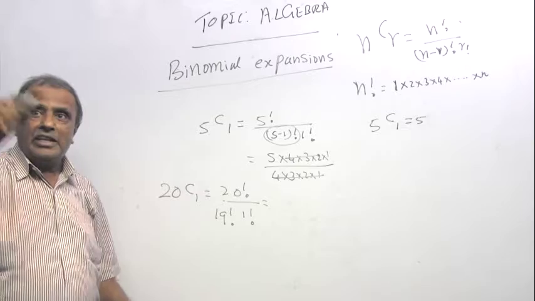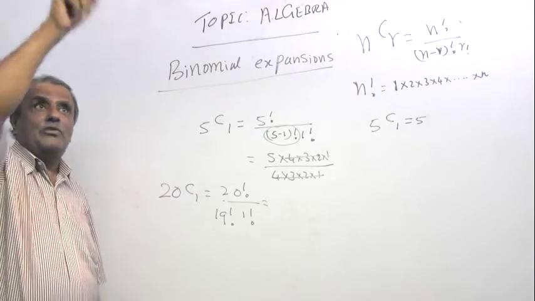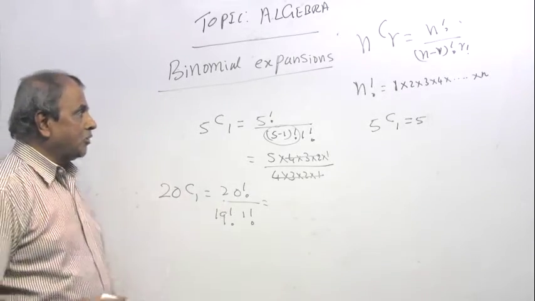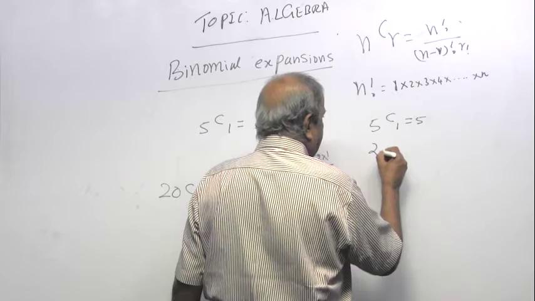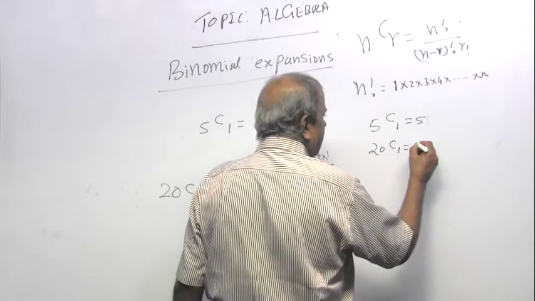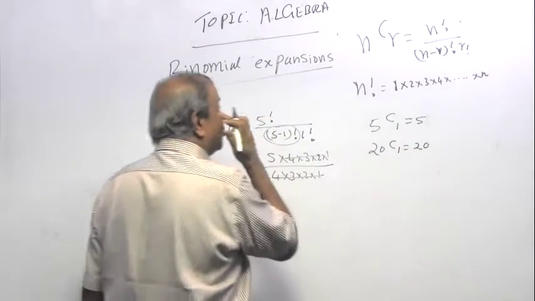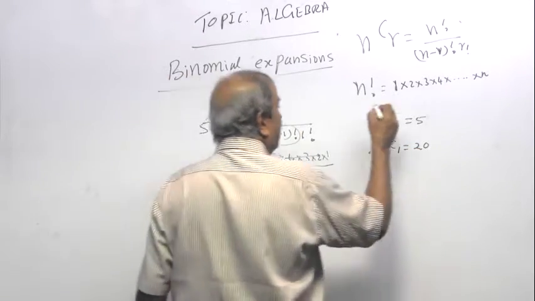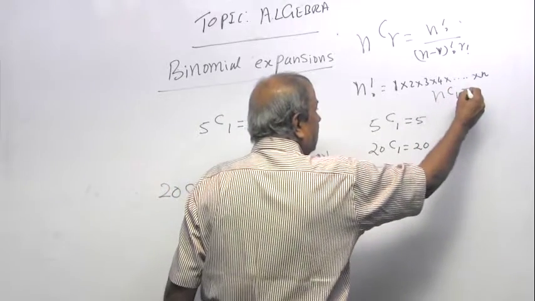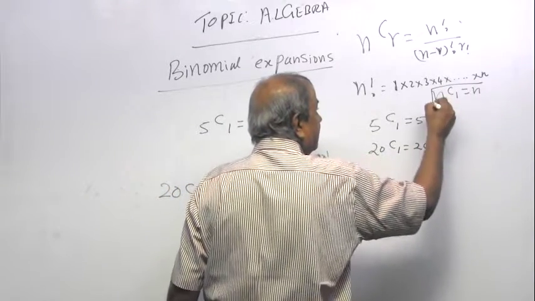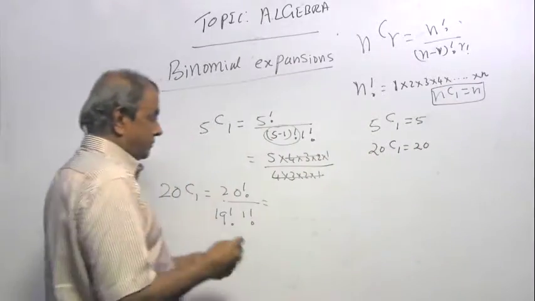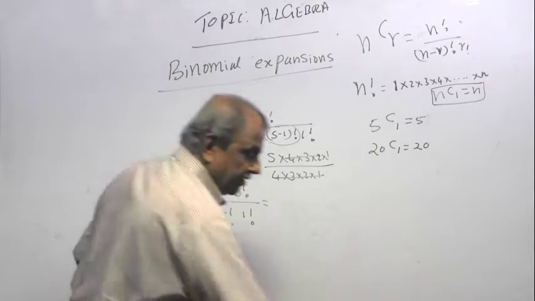So when you cancel it all, 1, 1 cancel, 2, 2, 3, 3, 4, 4, 5, 5, you're left with the number 20. So 20C1 is 20. So in general, nC1 is n. Very good. What about nC2?